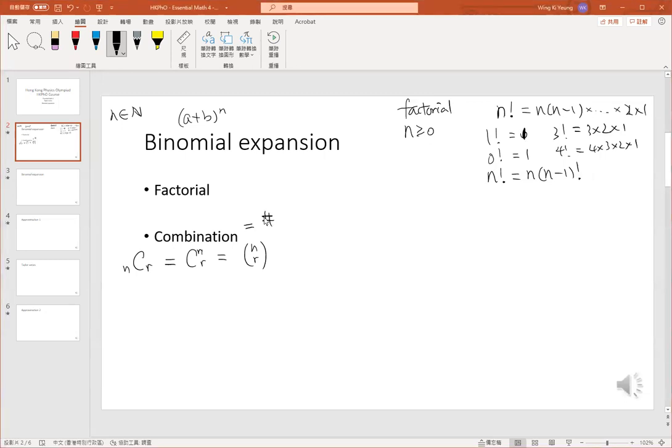Yeah, so it's the number of ways, that there are n distinct objects, and then you take k objects at a time, without repetition.